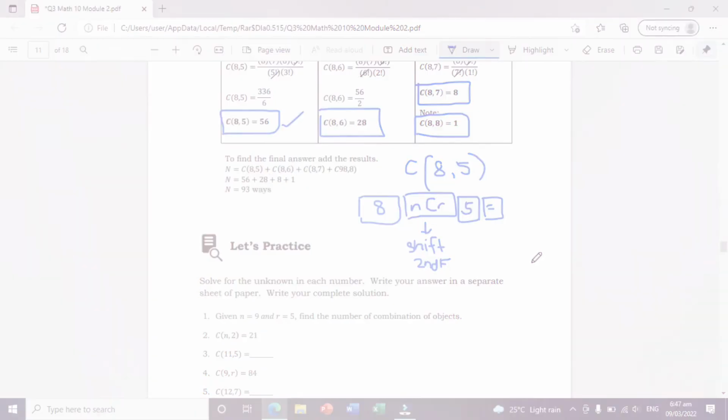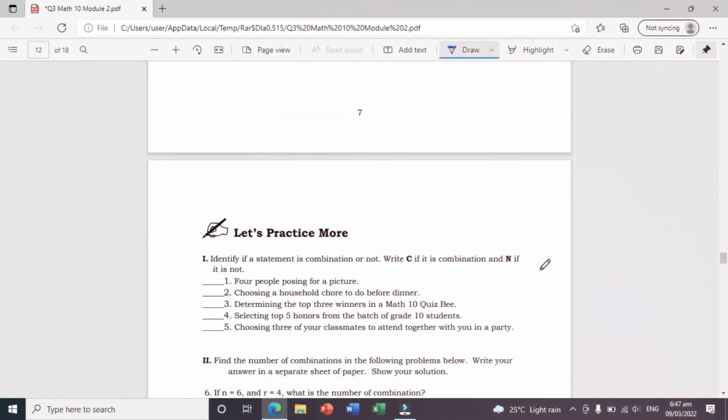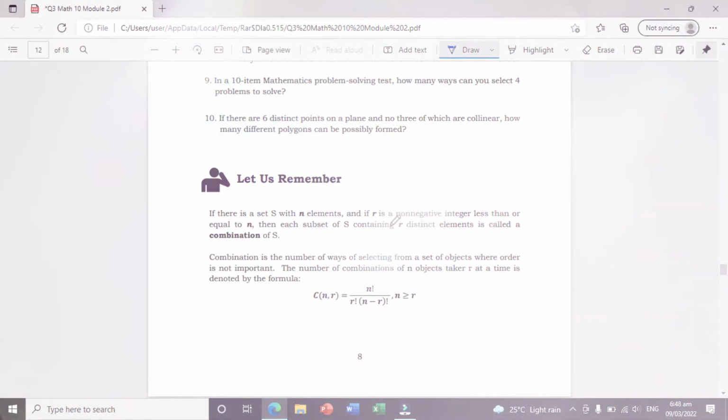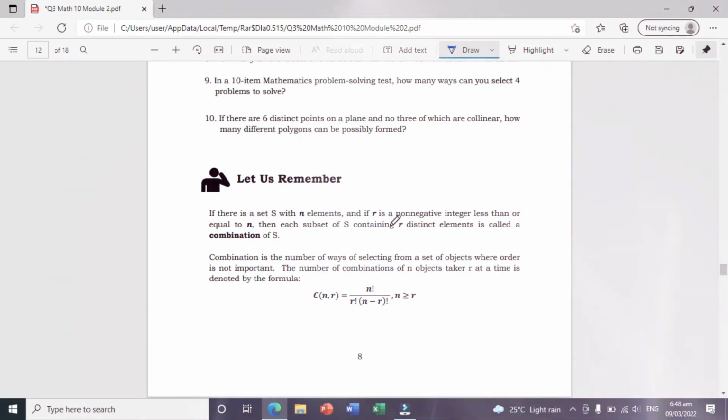So, any questions? None. Once again, let us remember: if there is a set S with n elements and if r is a non-negative integer less than or equal to n, then each subset of S containing r distinct elements is called a combination. This is the definition of combination in reference to books. Combination is the number of ways of selecting from a set of objects where order is not important.